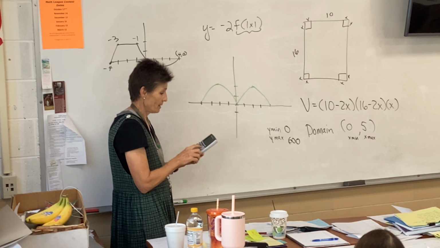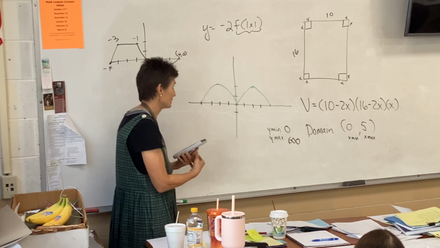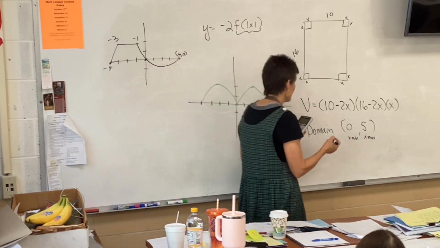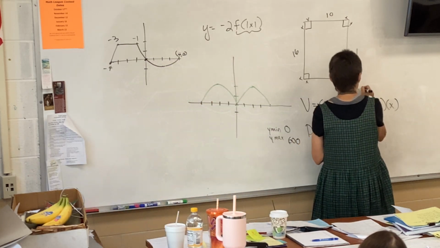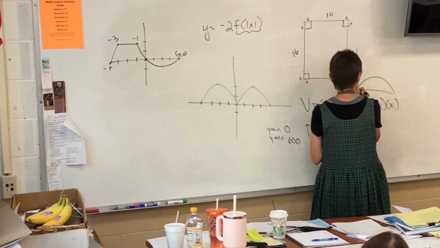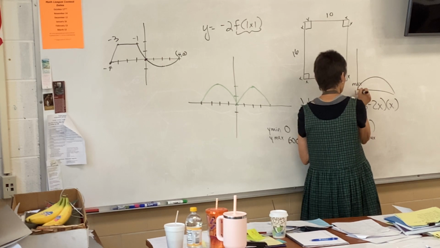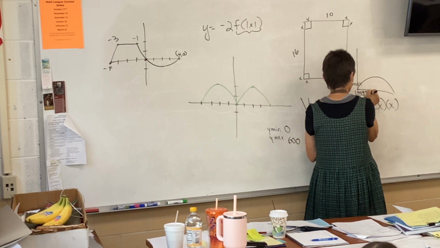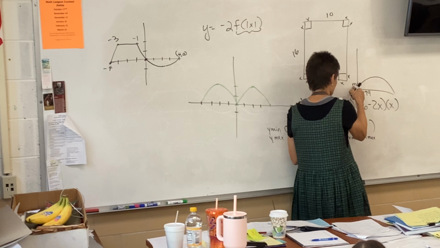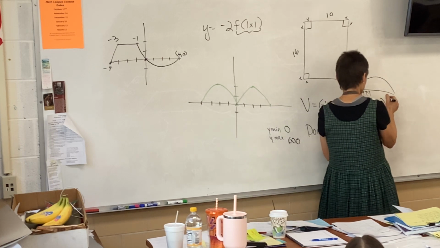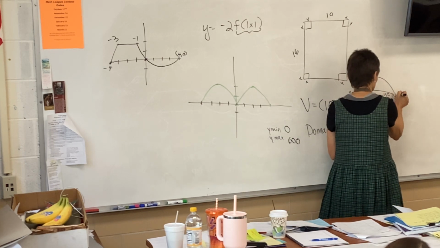And then to the top of the mountain. Every time you do this, the bottom of the screen is going to say maximum. You do not have the answer until it says maximum, X equals and Y equals.